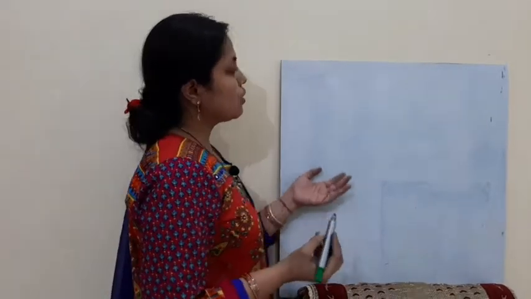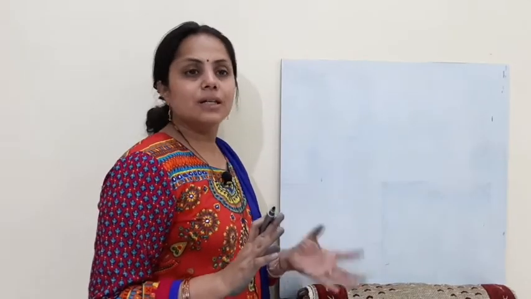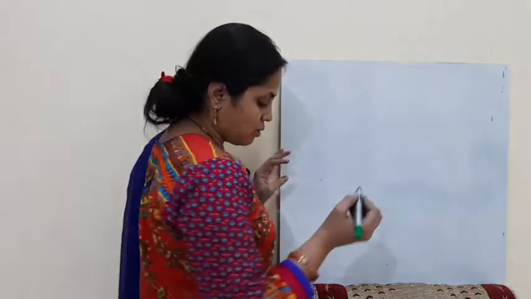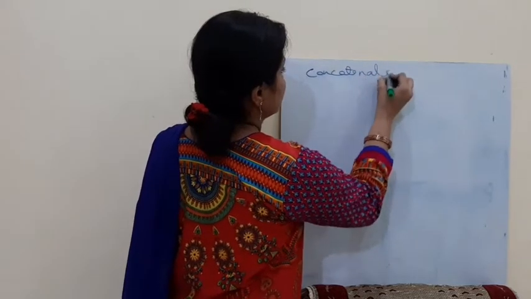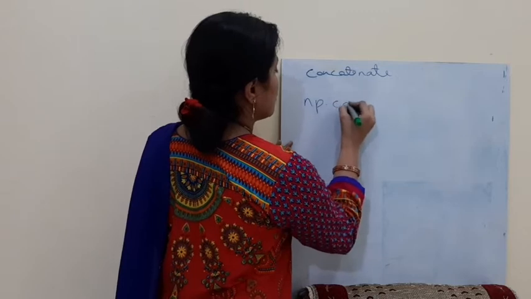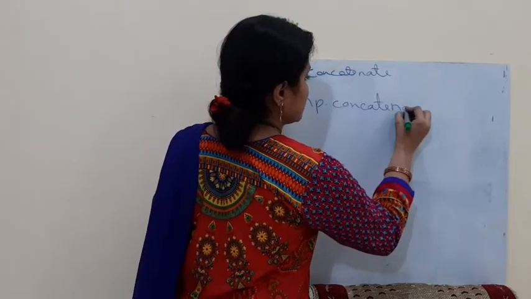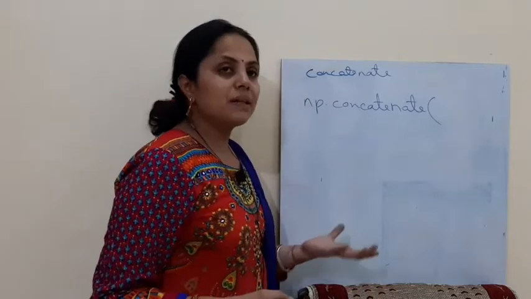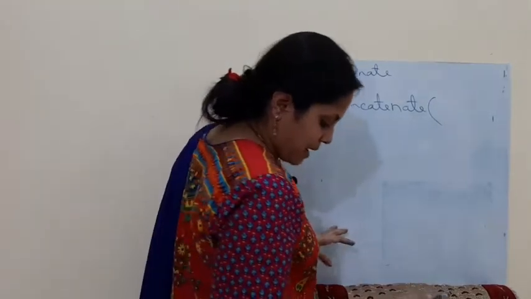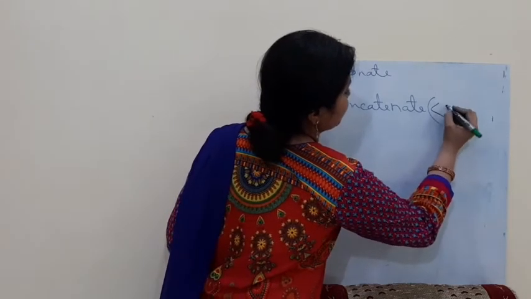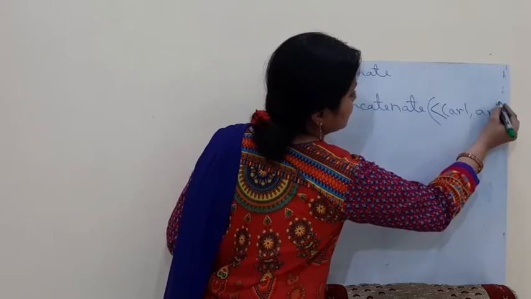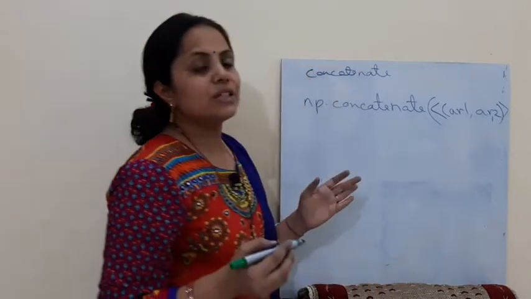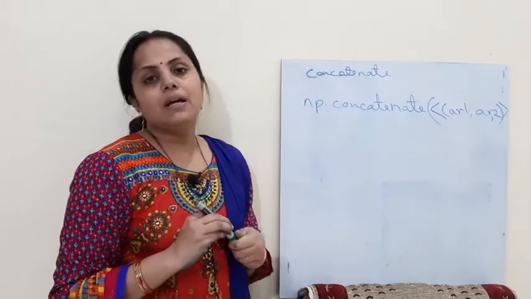Now, when I am talking about the concatenate function, the work of the concatenate function is just like the split function that we have done for creating the subsets. The concatenate function works in the same way. np.concatenate, and here again a tuple of the arrays that need to be joined will be passed, like AR1, AR2, and then we have to mention the axis along which it has to be joined.